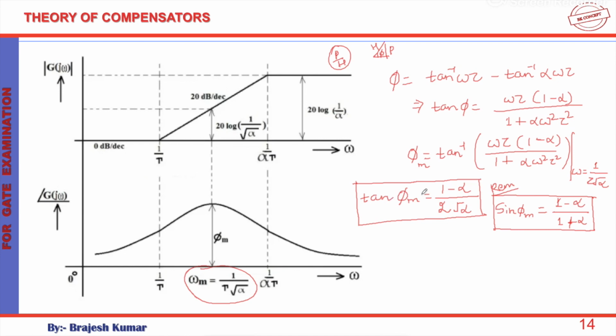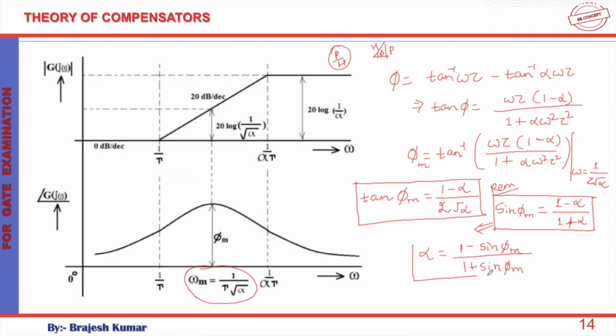And if you rearrange this whole term once again, there it is plus, right? Don't be confused. So you can also conversely find the value of alpha. With the help of this equation, alpha will be equal to 1 minus sine phi m divided by 1 plus sine phi m, right?